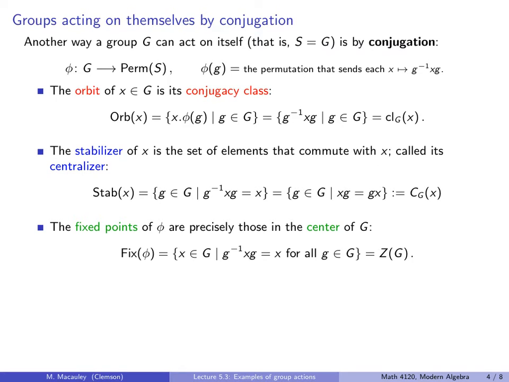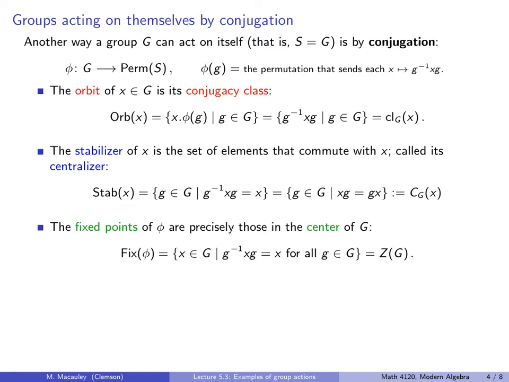Finally, the fixed points of phi are precisely those in the center of G. In other words, those that commute with everything. And let's see why that's true. The fixed points of phi, by definition, are the set of elements in our set S, which happens to be G. So I'm going to write the set of all x in our set G, such that g inverse xg equals x for every element g in our group.